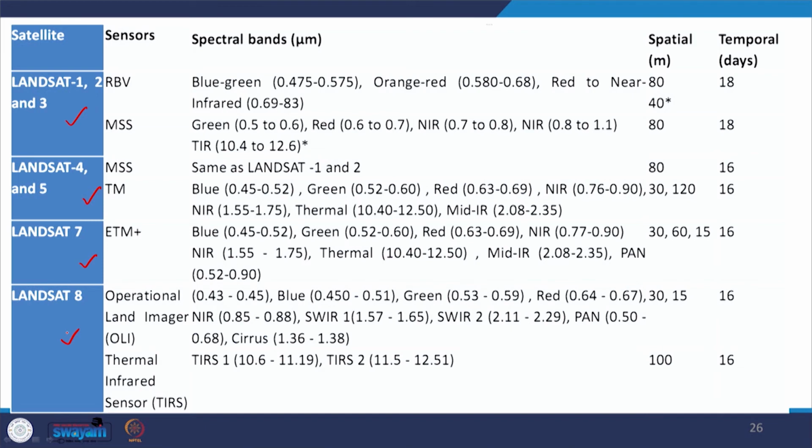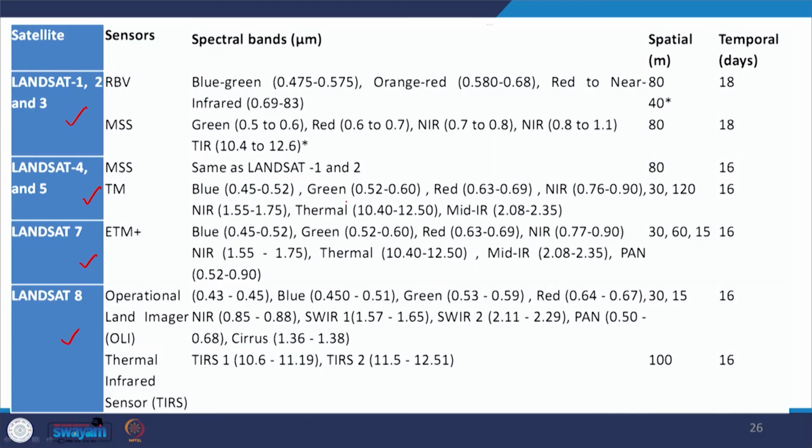As far as the spectral bands are concerned, the earlier ones were more or less giving us data in the visible part of the spectrum, and later the infrared and thermal infrared parts were introduced, because we can discriminate the vegetation cover from other features, from the soil or from the water features, and then we can further categorize the vegetation cover with the help of this data.